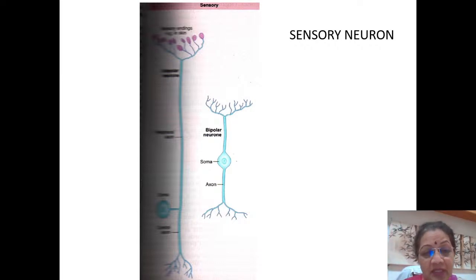What we have is a pseudo unipolar. We call it pseudo because in what looks like a singular process, there are actually 2 ways of traffic. There will be sensory things coming in from one side, which will be its dendritic component, and there will be instructions going away in its branch process, which will be the axonal part.